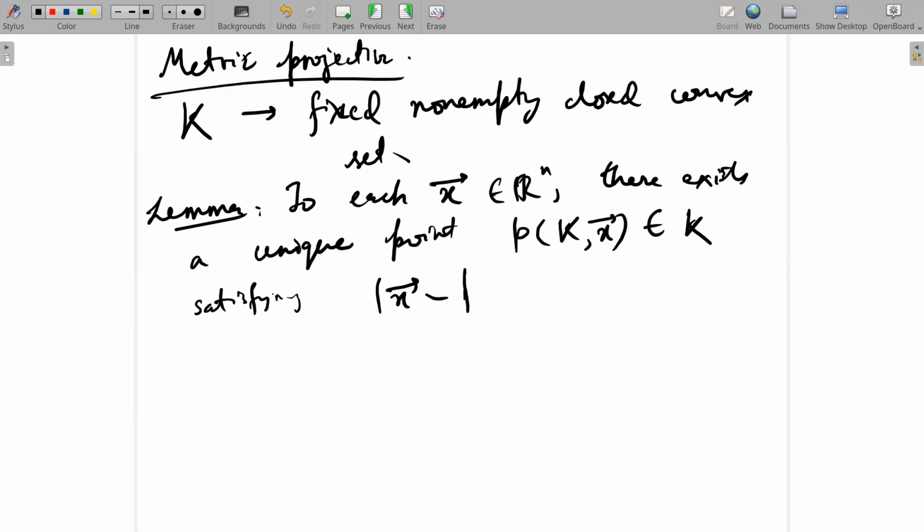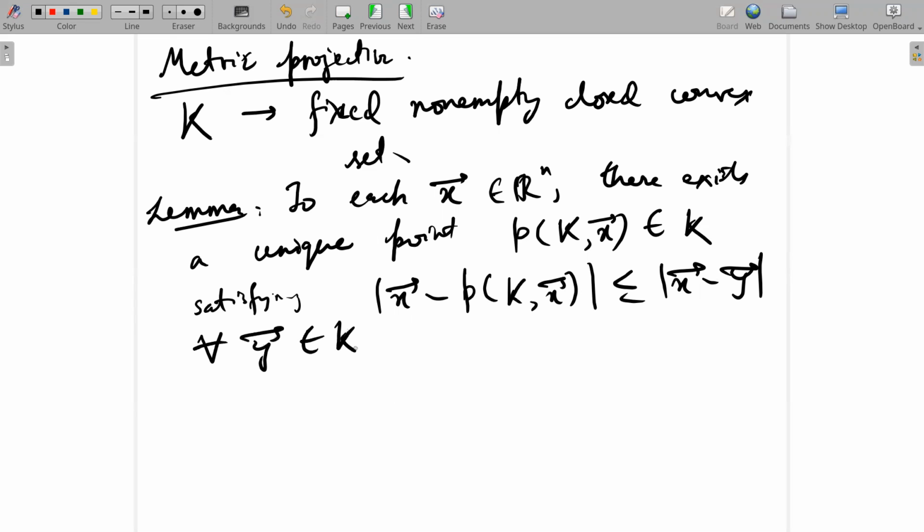There's a unique point in K, in that fixed non-empty closed convex set K, such that the norm of x minus P_K(x) is less than or equal to the norm of x minus y. So this norm is the Euclidean norm. So this is just saying the distance between x and P_K(x) is less than or equal to the distance between x and y for all y in K.